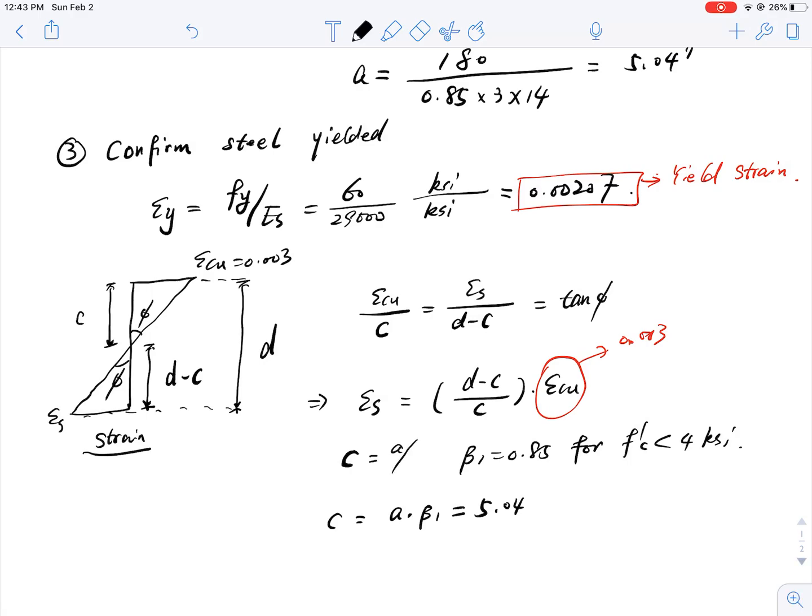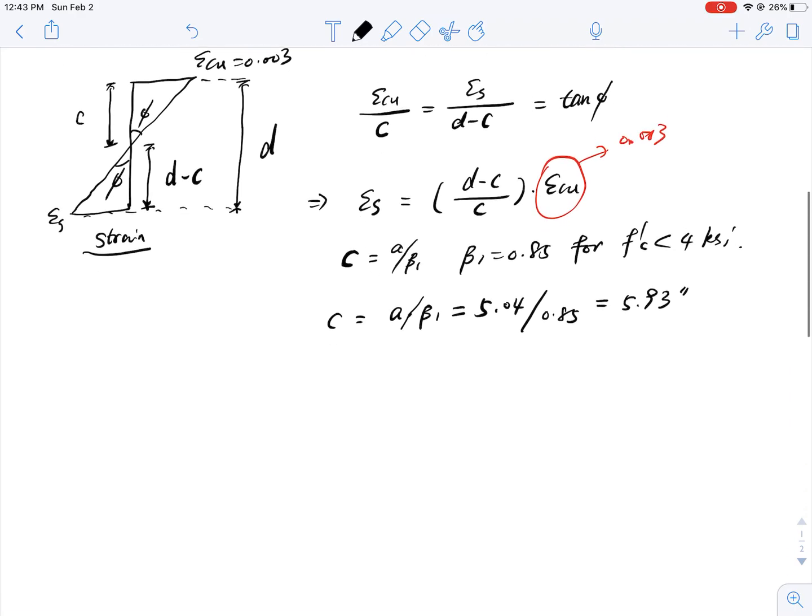C equals a divided by beta 1, equal to 5.04 divided by 0.85. I have c equal to 5.93 inches.